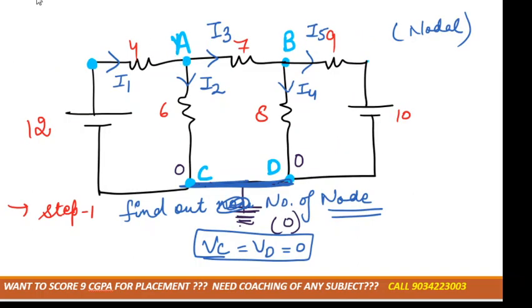So just imagine that point A is your college, and points C and D are your home. Now can you tell me which current is entering the college and which current is leaving the college?